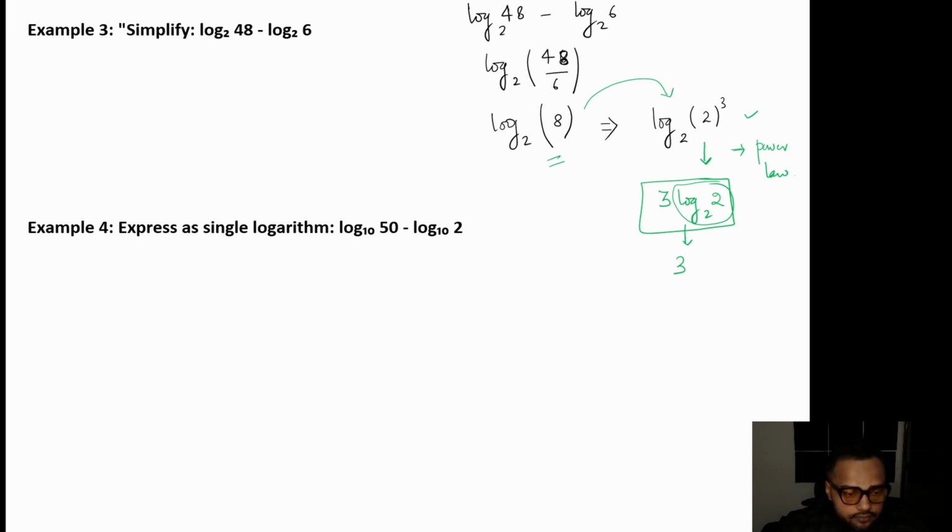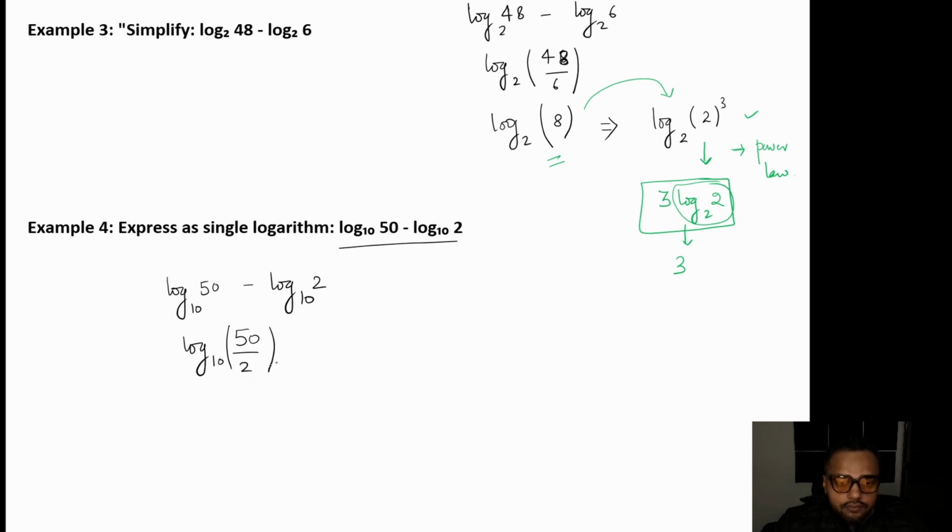Now let's take this example: log of 50 base 10 minus log of 2 base 10. Similarly, we'll apply the quotient rule here. So we can directly write 50 by 2.